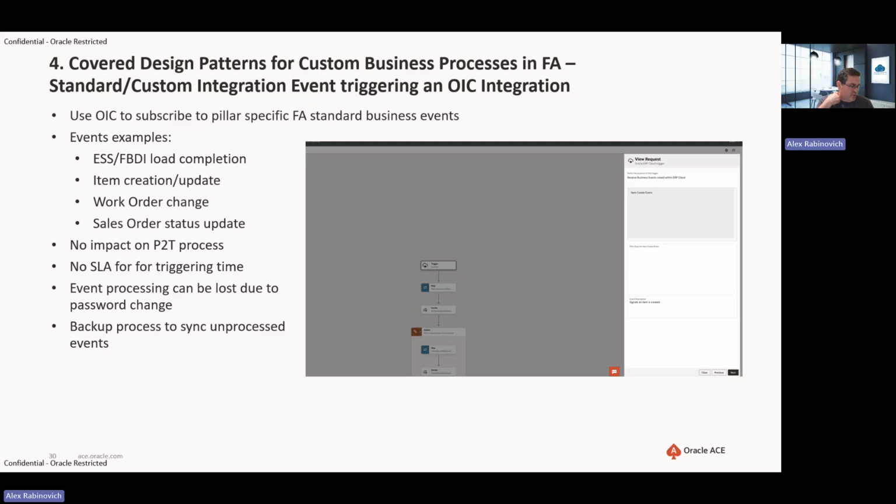We also have cases where an event can be lost if, for example, a user password changes. The event is triggered, but due to the password change it is lost and not processed. So usually with event processing, we should complement it with some other verification process that can catch unprocessed events and handle them with another process.